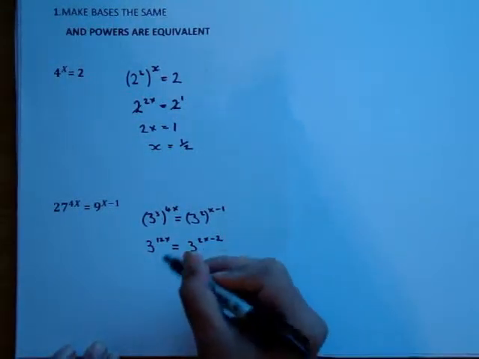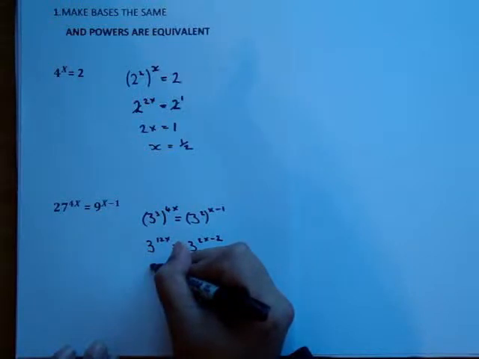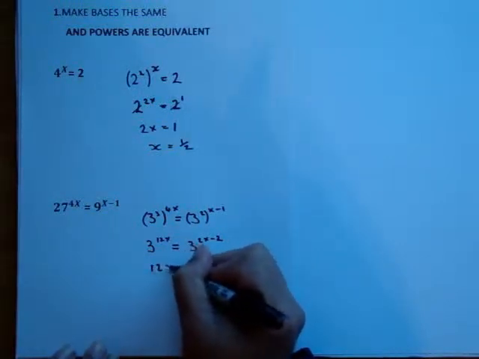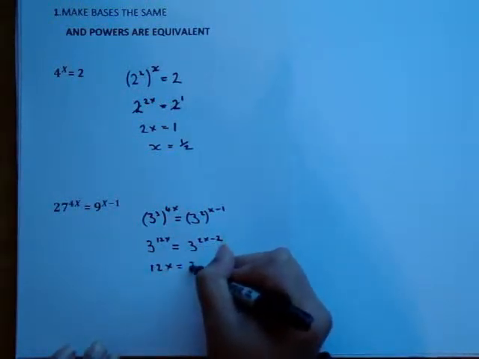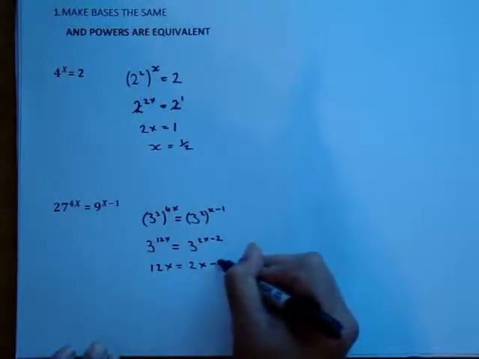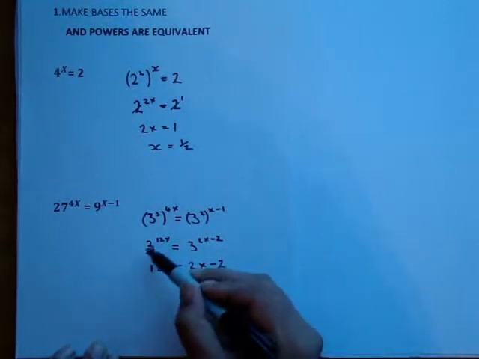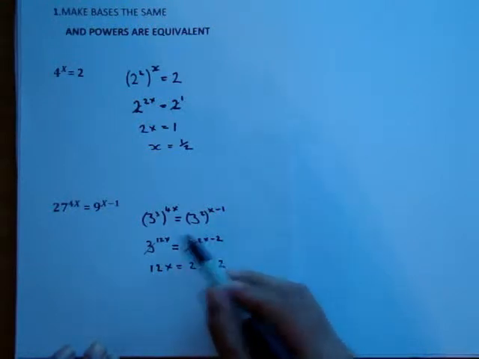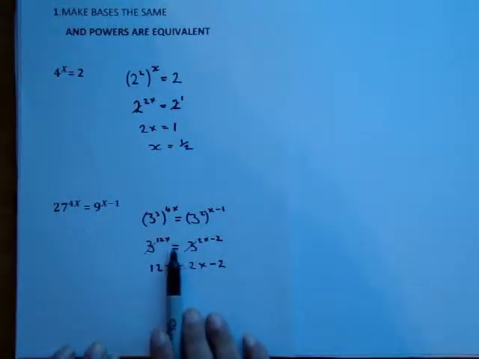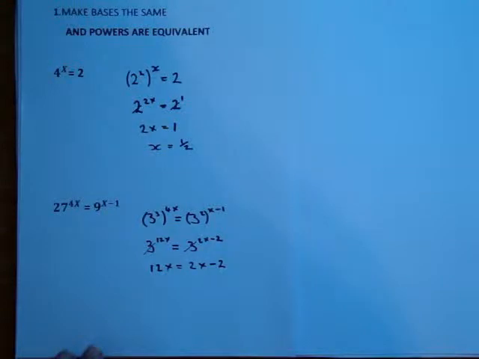So here we have 12x equals 2x minus 2, because we can get rid of the bases and just the powers are equivalent to each other.